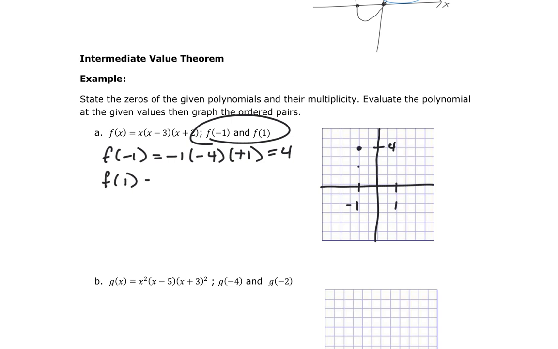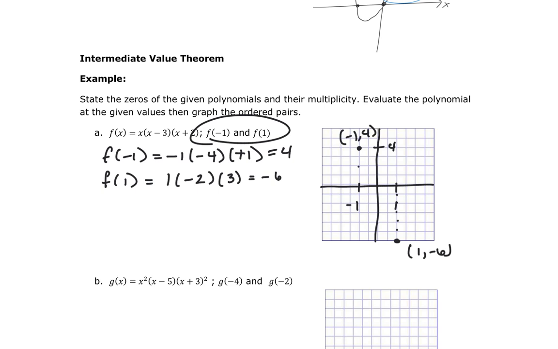So f of 1 is going to give me 1, negative 2, and then I'm going to get positive 3. This gives me a negative 6. So I'm going to come down here, 1, 2, 3, 4, 5, 6. So here's my ordered pair 1 comma negative 6, and here's my ordered pair negative 1 comma positive 4.